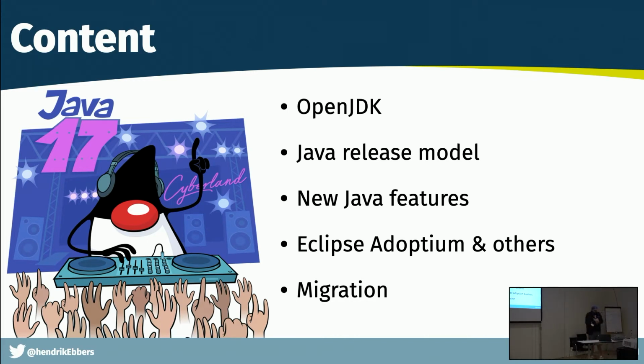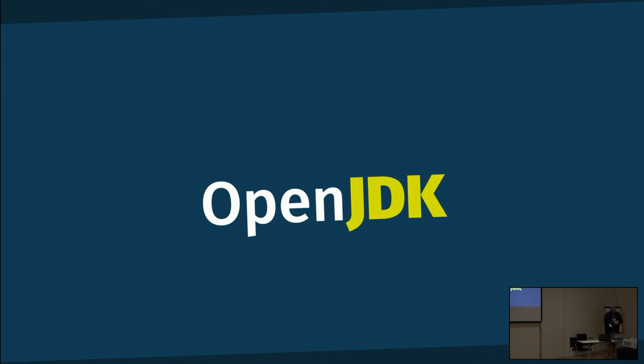And if we have some time at the end, we can have a look at some tips for migration and how to migrate to more free Java versions and even to newer versions of Java, like from Java 8 to Java 17, for example. Okay, so let's start with the first topic, the OpenJDK.